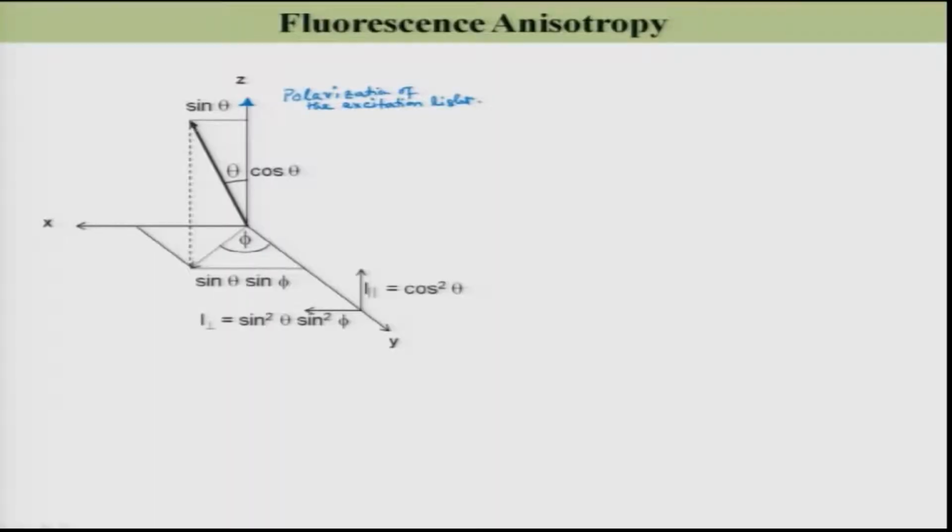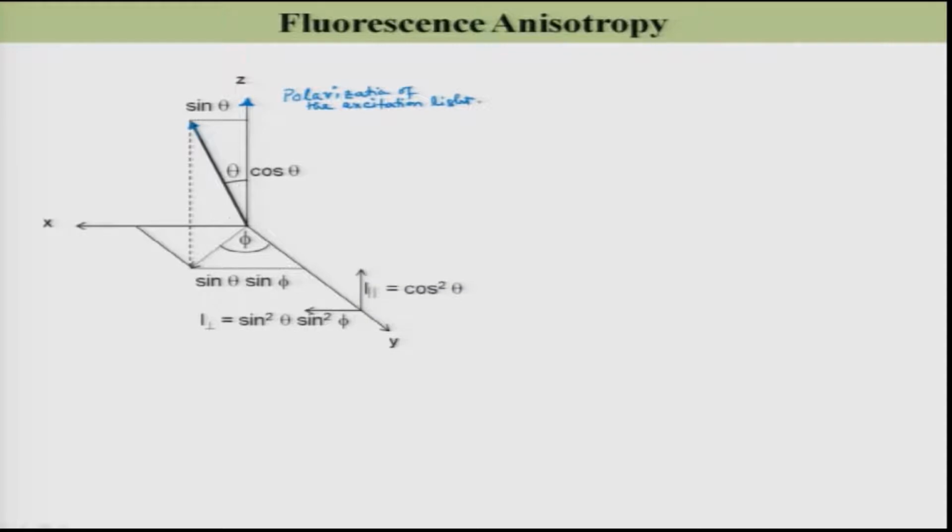Now, let me tell you that the molecule has been rotated at an angle theta, and now I am looking at this molecule. This bold arrow is my molecule which has been rotated at an angle theta from the direction of the excitation. Here you see the rotation of the molecule makes a component of I parallel as cosine theta, as you know.